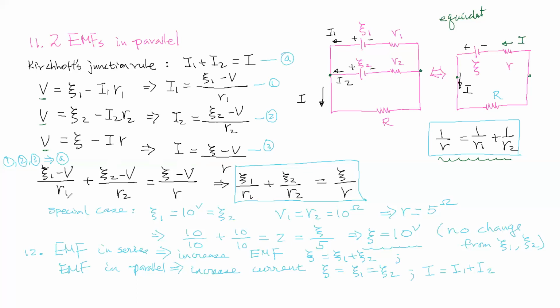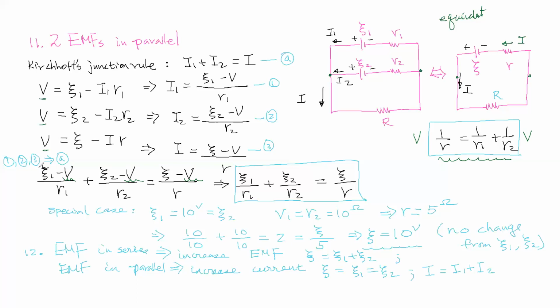Now looking at this term, this term, and this term, and dividing by R1, R2, R, you can see they cancel out because what they have is just V. V is times V, and then V cancels out, and the rest is 1 over R1, 1 over R2, and 1 over R. The negative sign doesn't matter, so that will cancel out.